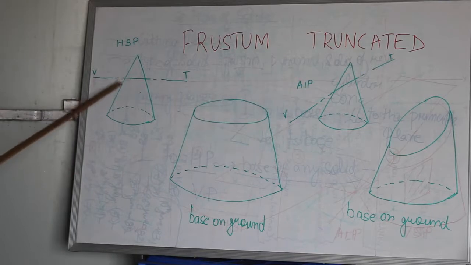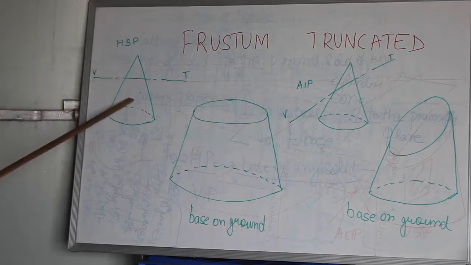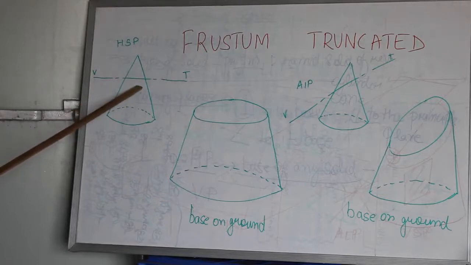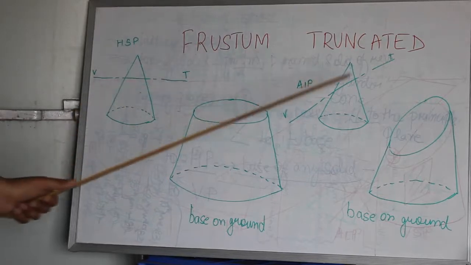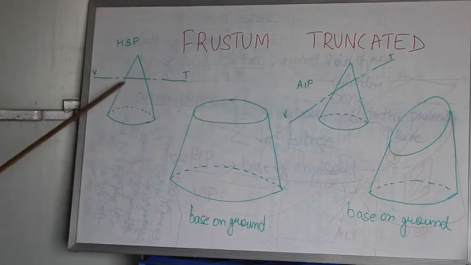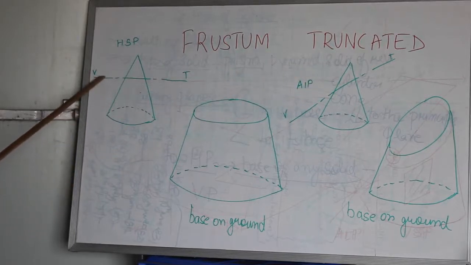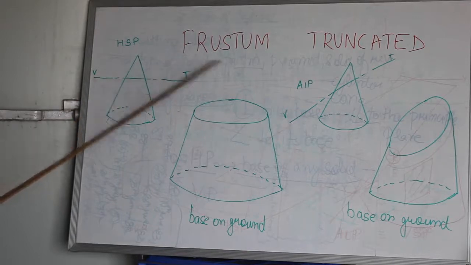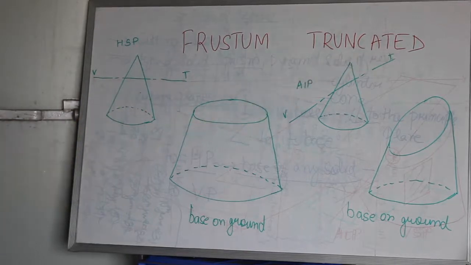Over here also the surface of the cutting plane is perpendicular to the vertical plane. So for both the cases it is making a vertical trace on the vertical plane.